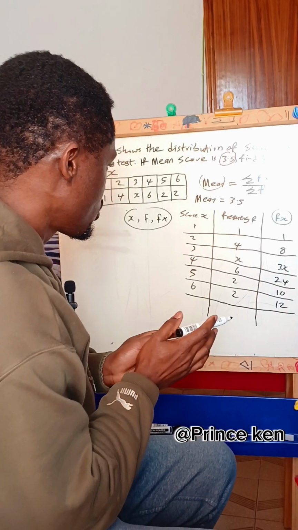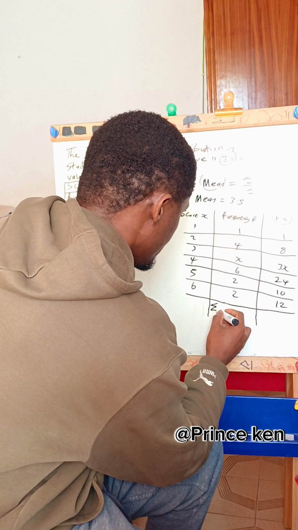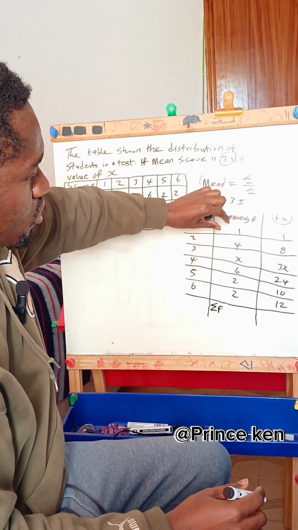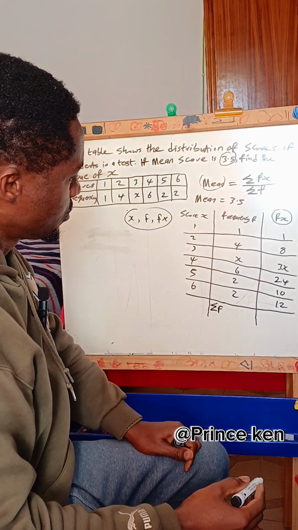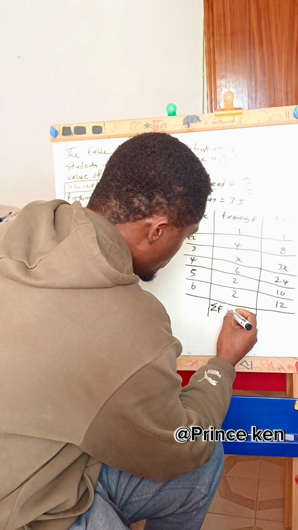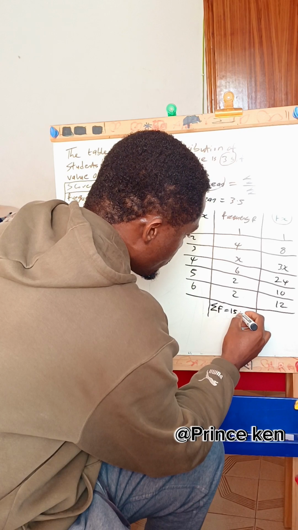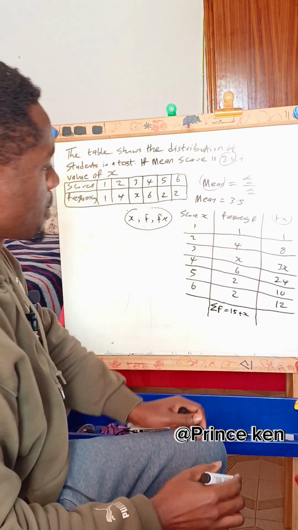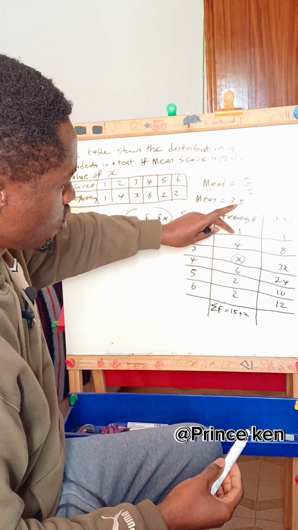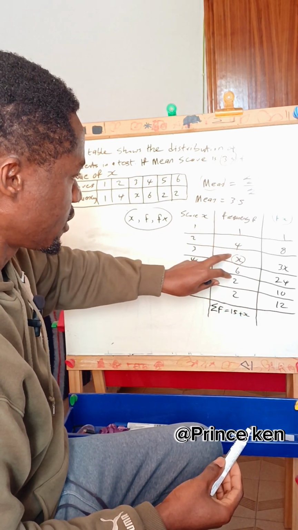Now, the summation of F is equal to summing all this together. Okay? So if you sum all this together, it will give you 15 plus x. This x here.